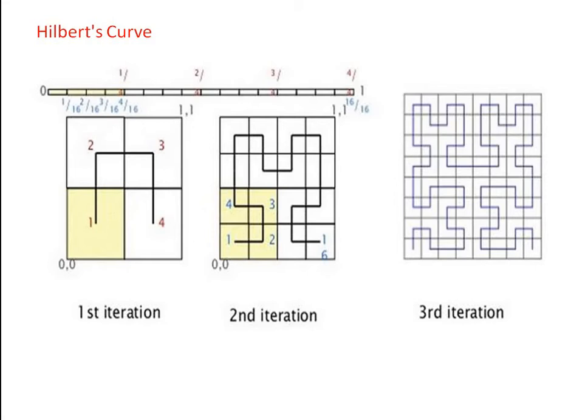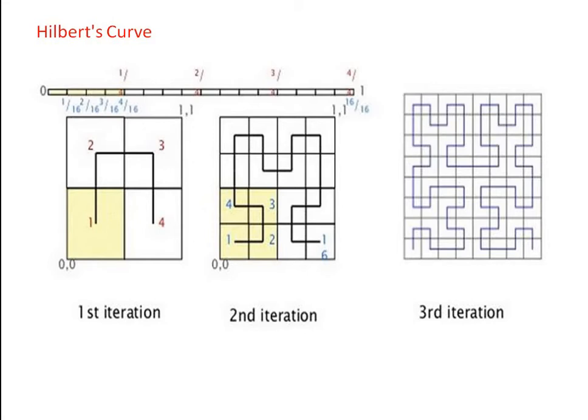The second is that the curve is arbitrarily close to each and every point in the square. The third is that the curve passes through a point on a grid which becomes twice as fine with each subdivision.